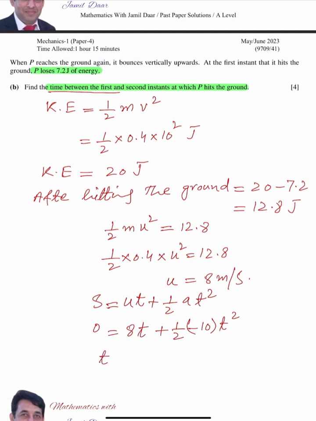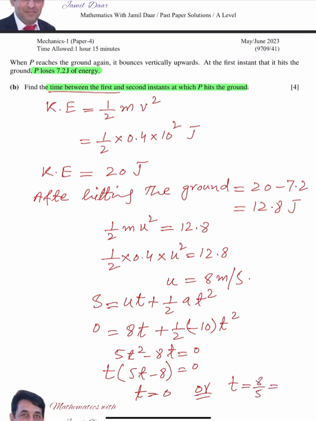If you take common t, write it 5t square minus 8t is equal to 0. So t(5t minus 8) is equal to 0. t is equal to 0, or t is equal to 8 over 5, which is 1.6 seconds.